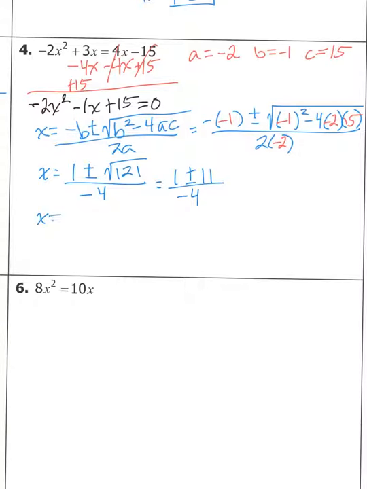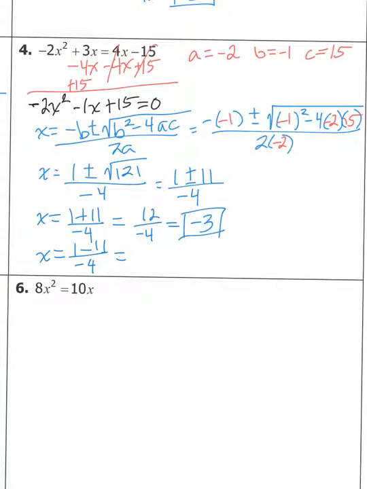So split your answer up. 1 plus 11 divided by -4, and 1 minus 11 divided by -4. So 1 plus 11 is 12, divided by -4 is -3. There's your one solution there. And then 1 minus 11 is -10, divided by a -4. Two negatives make a positive, and then this will reduce to 5/2.